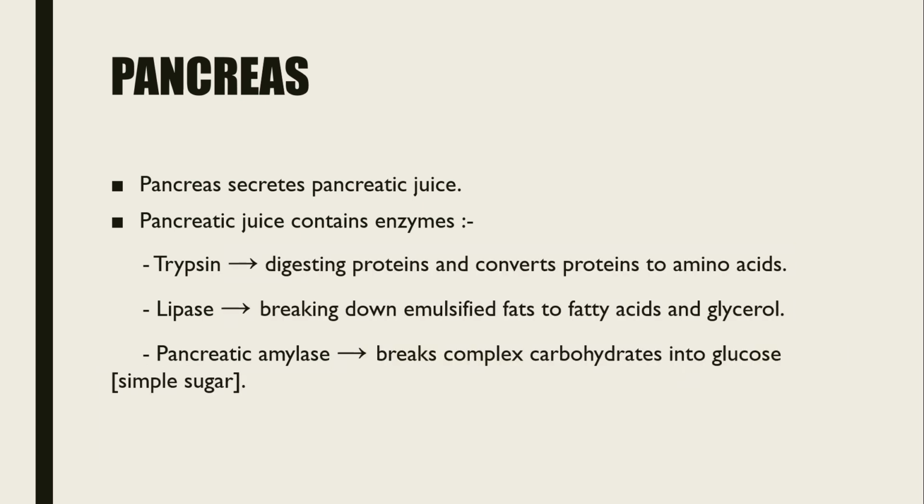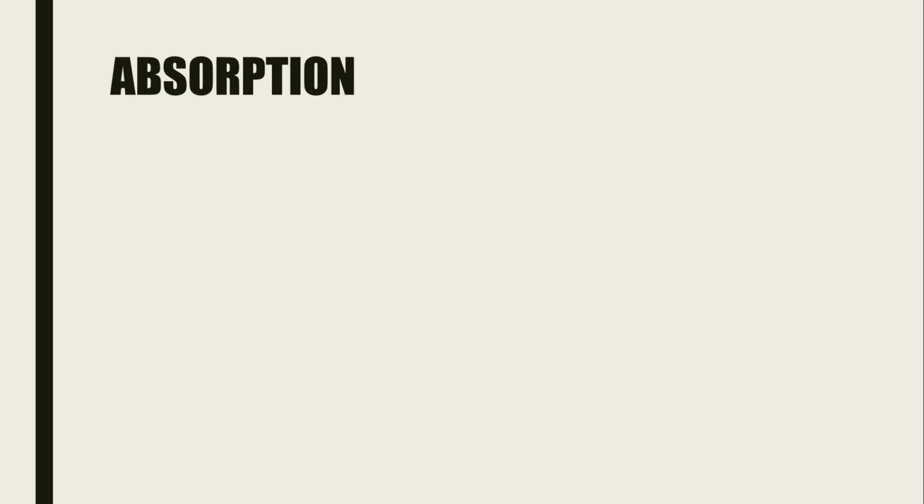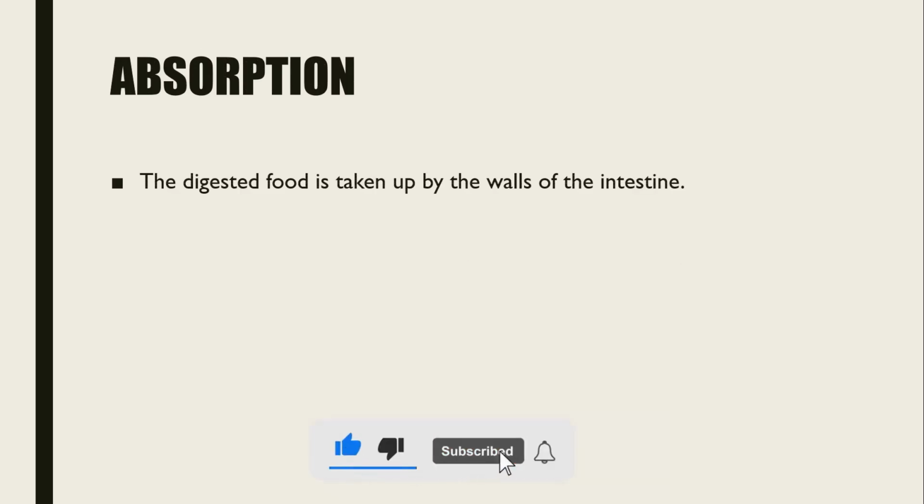Trypsin digests proteins and converts proteins into amino acids. Lipase breaks down the emulsified fats into fatty acids and glycerol. Pancreatic amylase breaks down complex carbohydrates into glucose, which is the simple sugar.